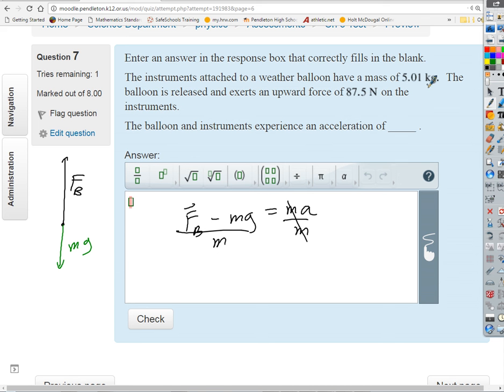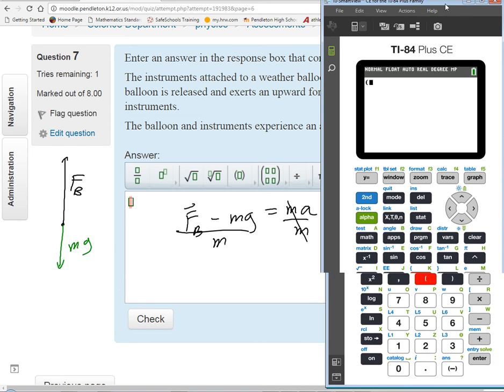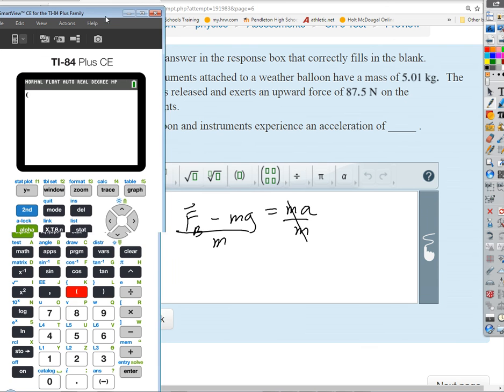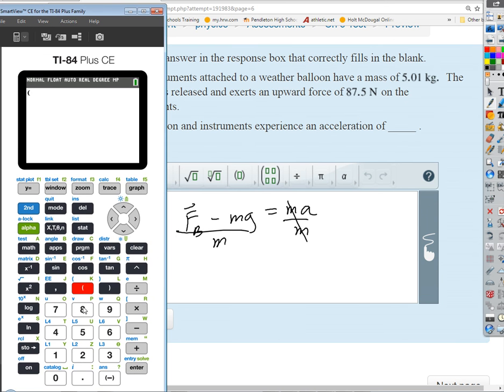Okay, so we'll put in parentheses everything on top. We get 87.5 minus 5.01 times 9.8, all divided by 5.01.